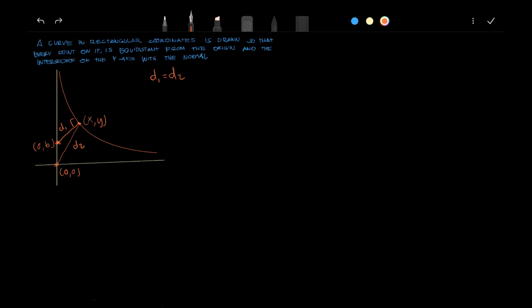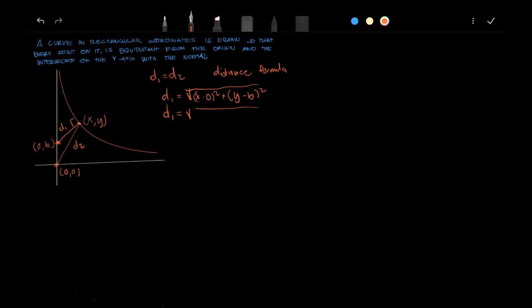Now, d1 can be determined by the distance formula. So d1 is equal to the square root of x minus 0 squared plus y minus b squared.